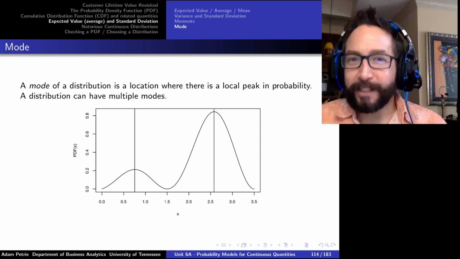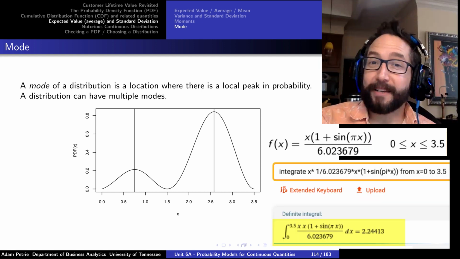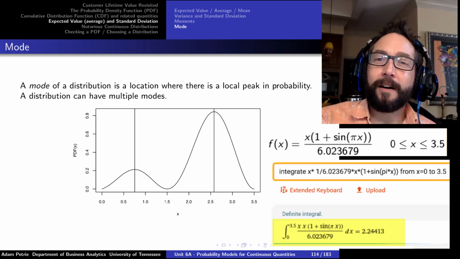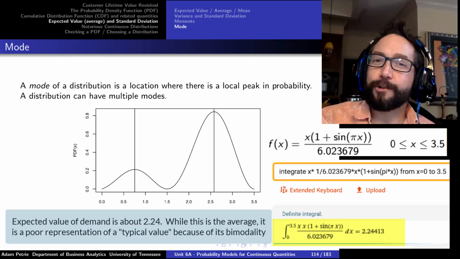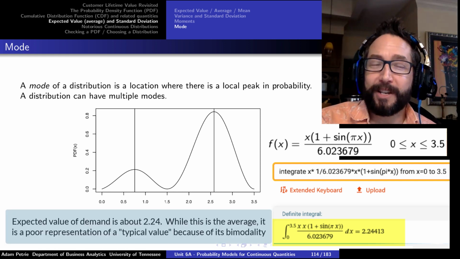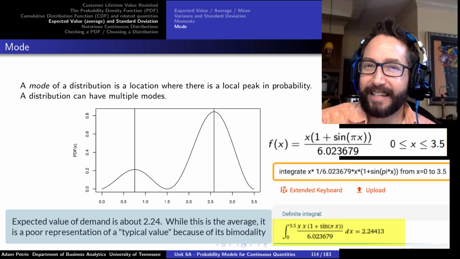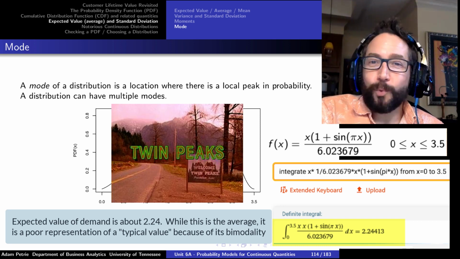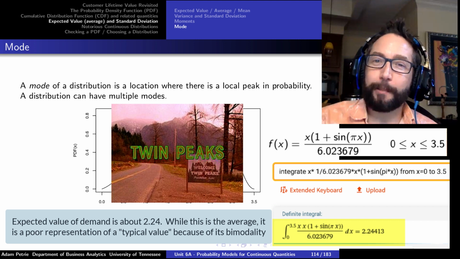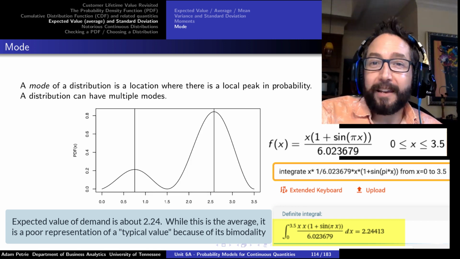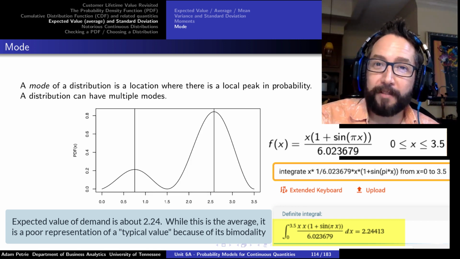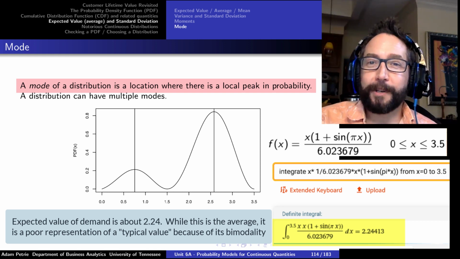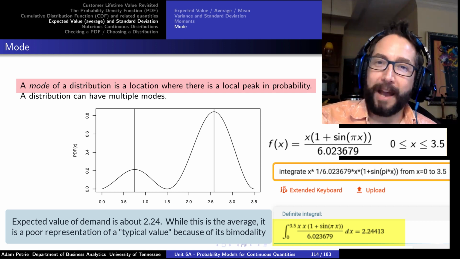Now, in that earlier example, we calculated the expected value or the typical value of the demand probability distribution, which was bimodal. And we said, it's probably not a smart idea to summarize this distribution with a single number because there's two peaks, and we should probably summarize each peak separately. And so we have a name for that. The mode of a distribution is where that distribution reaches a local maximum.